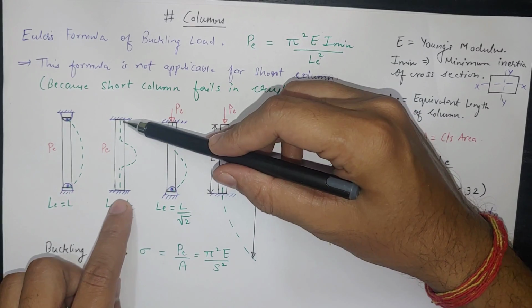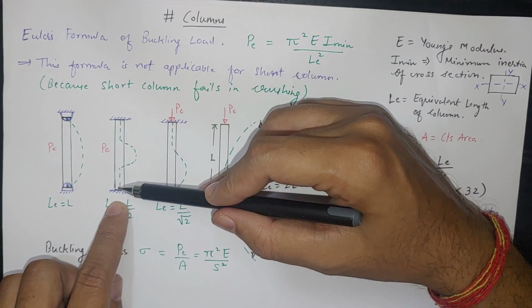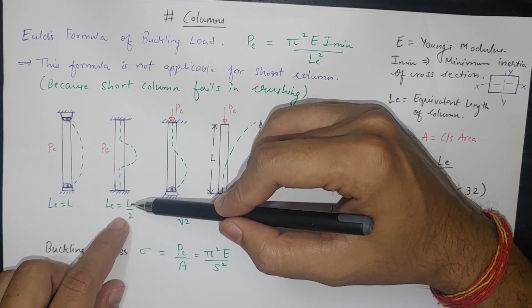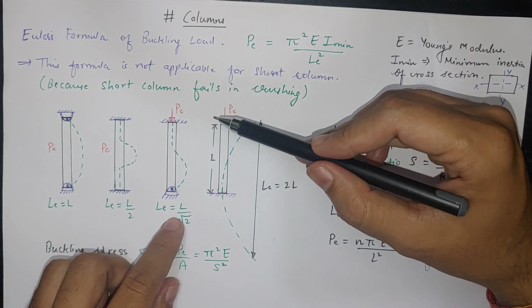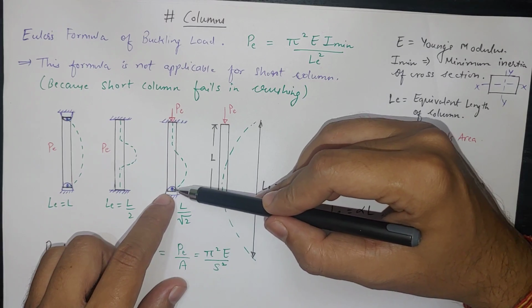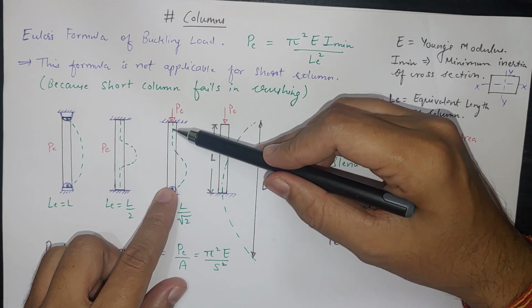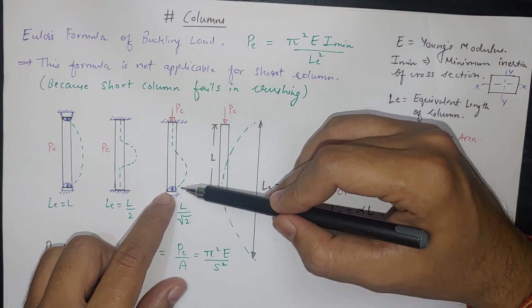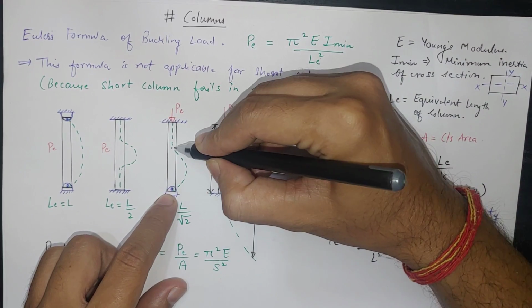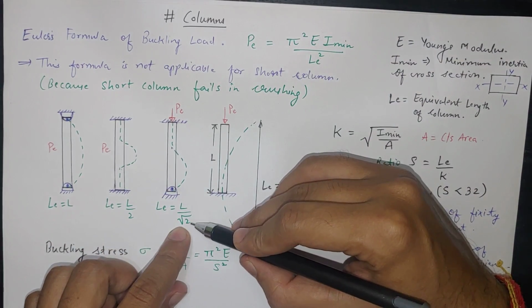Now if both ends are fixed, we are not allowing it to move, so it will buckle like this, and the equivalent length will be L divided by 2. If one end is hinged, it is free to rotate at that location and it is fixed on the other side. So it will have this shape, and the length between these two points will be L divided by root 2.